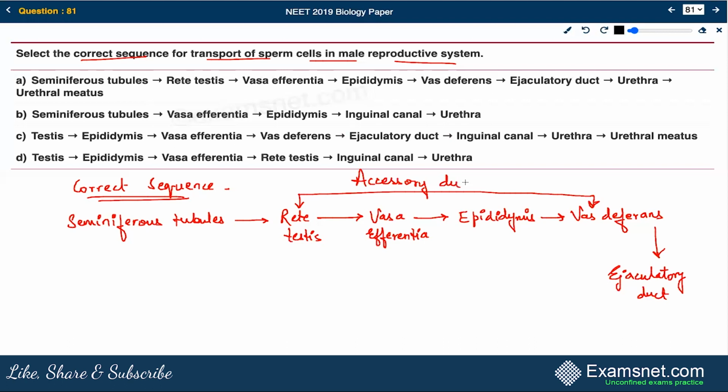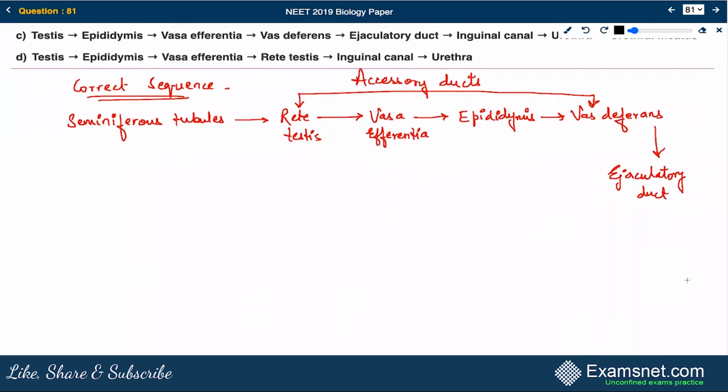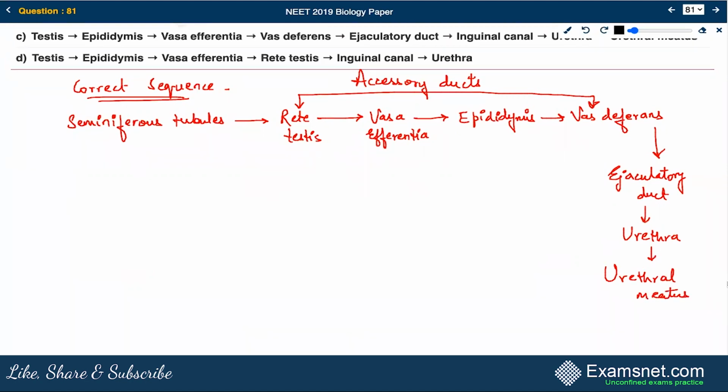These are accessory ducts in sequence that carry the sperms along the passage. Then there will be the ejaculatory duct. The ejaculatory duct is further followed by the urethra. And the urethra leads to the final passage where it will be released, and that is called the urethral meatus. All right. So this is the correct sequence.